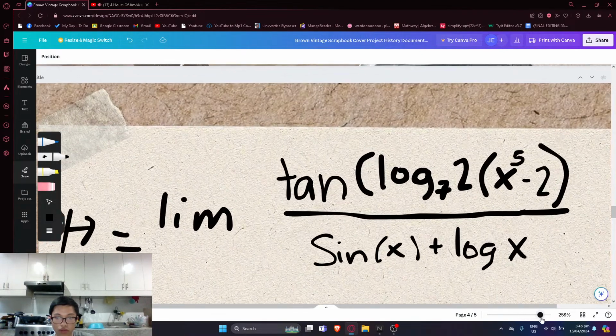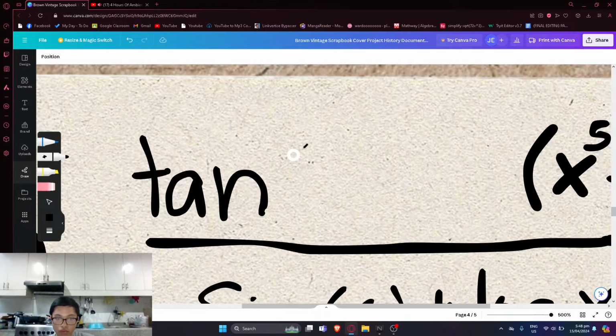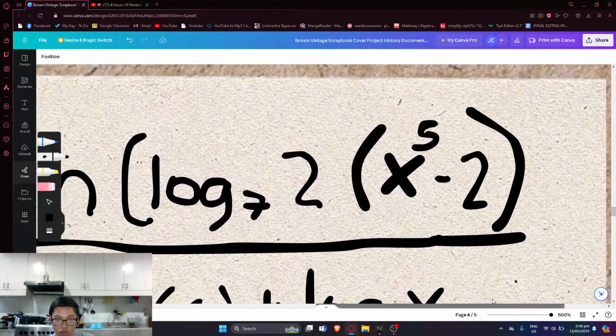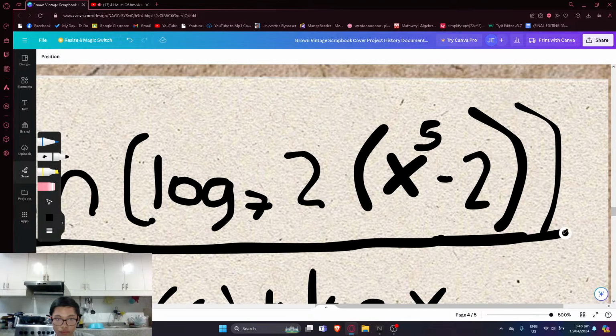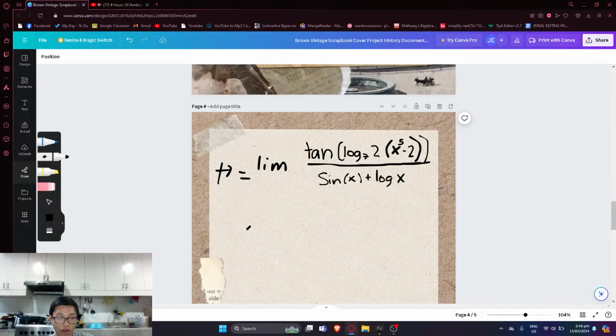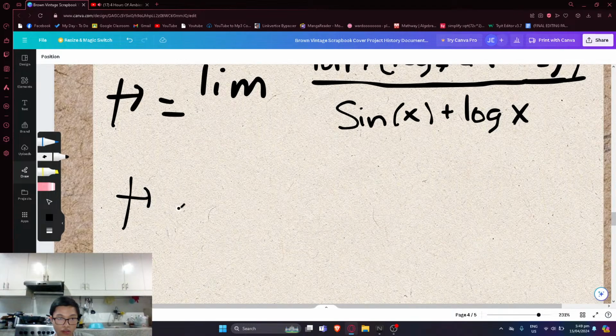Alright, this is good enough. Tab 7. Right, this seems good. Let's say that building height.